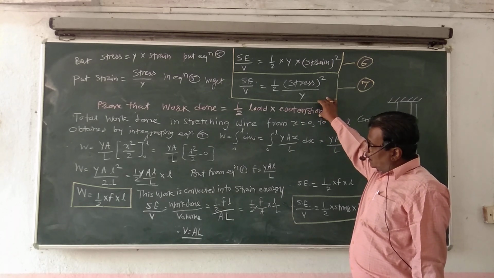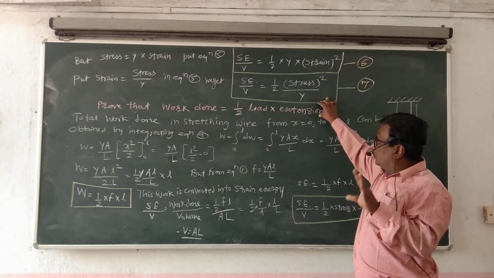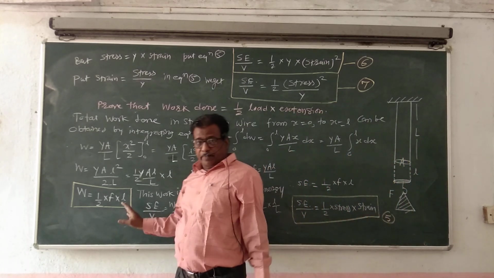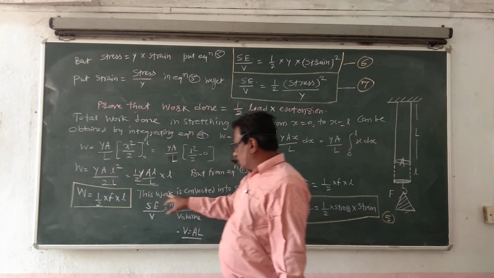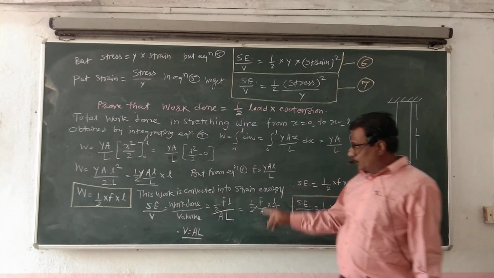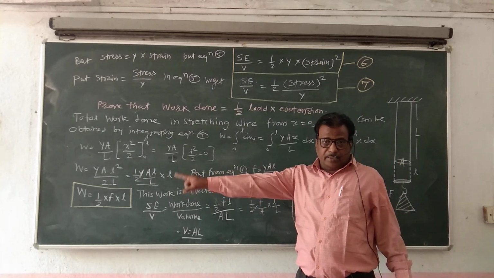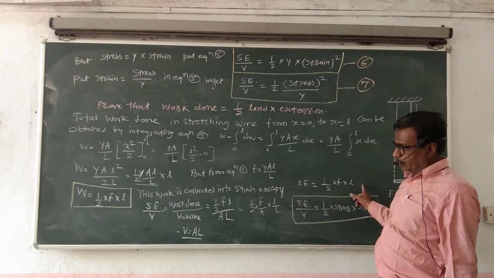When the question asks only to show that work done is equal to half load into extension, our answer should stop here. After that, this work is converted into strain energy, and we get work done equal to strain energy equal to half load into extension.